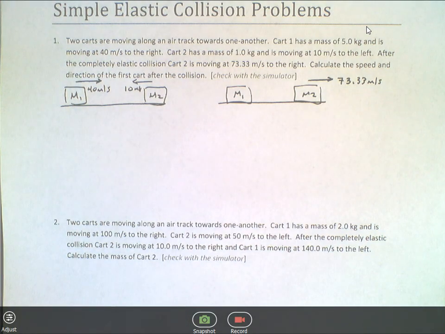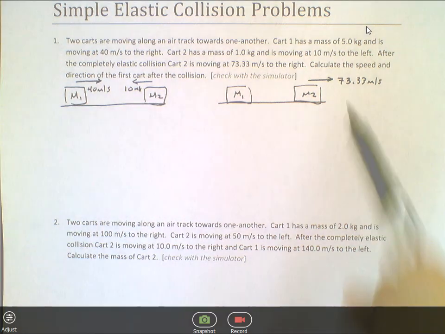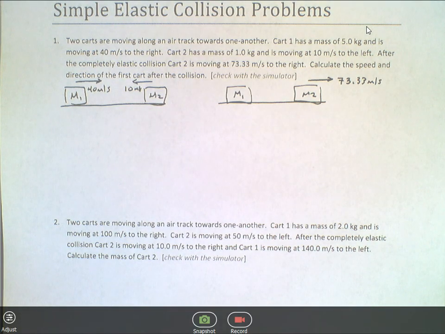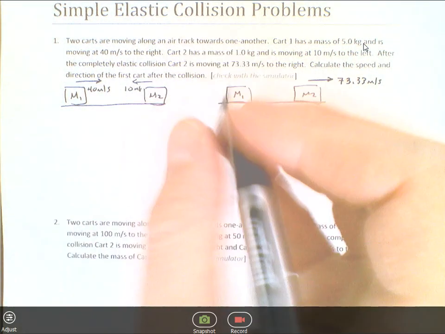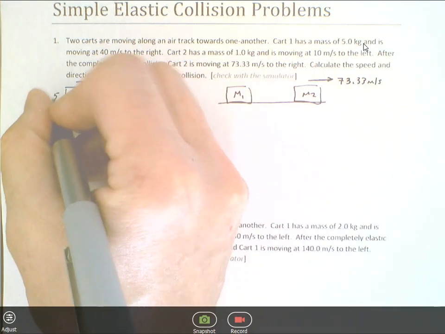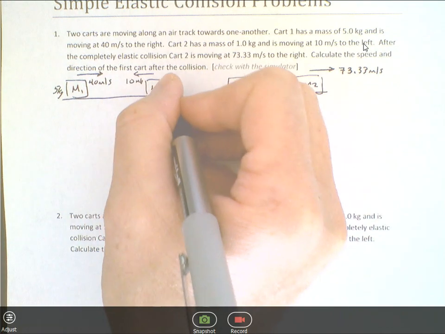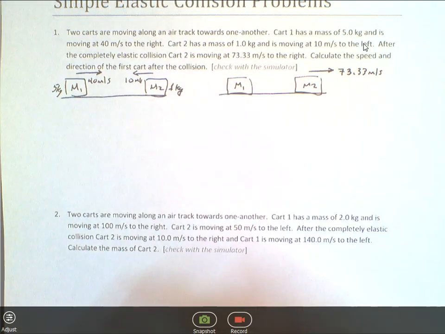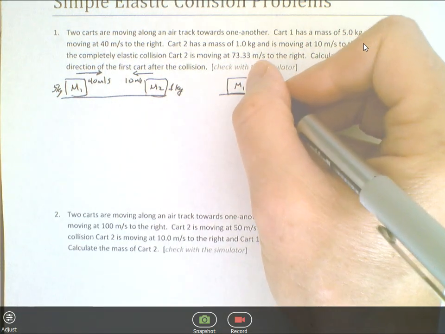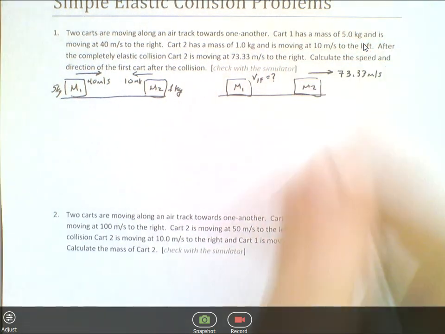Okay, so the first cart is doing 40, and the other one's moving towards it at 10, and they hit, and this one flies off at 73.3 meters per second. The masses were 5 kilograms for the first one and 1 kg for the second. And we're just trying to figure out what this V1F is equal to.